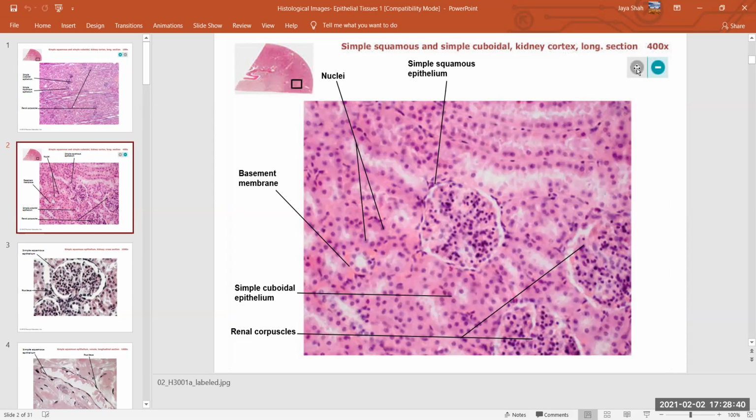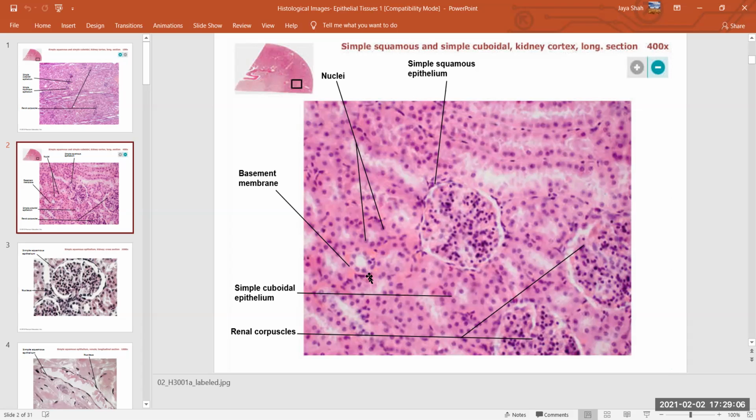You see here, it's a 400 magnification now. There is the glomerulus, which is the mass of capillaries, and then a white area here. This is Bowman's space, and you see these nuclei around it. These nuclei are the nuclei of simple squamous cells, and then connective tissue around it.